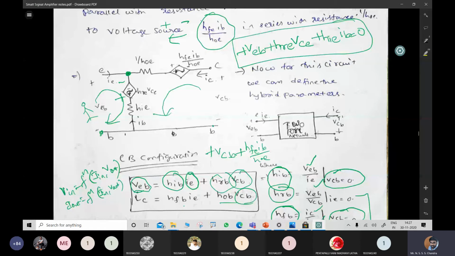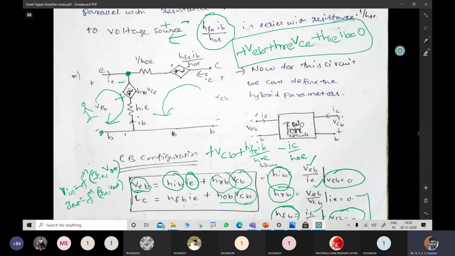Next we have current in 1 by HOE is IC. IC and the observer are both in the same direction, so we have to write a minus sign. It is minus IC by HOE. Next we are coming across a voltage source.